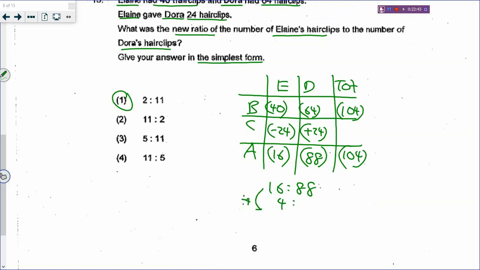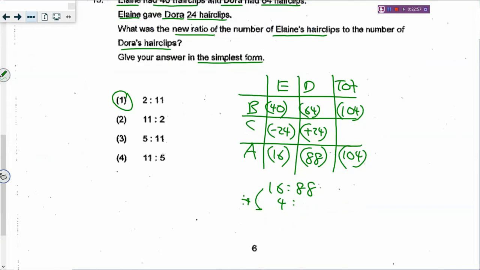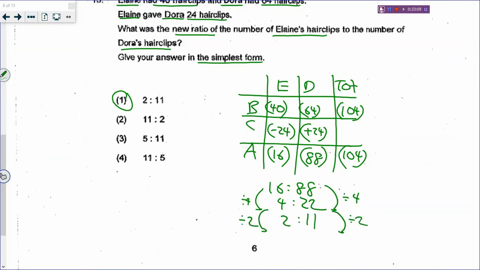And divide by 4, and you get 22. Then you divide by 2 again: 4 divided by 2 is 2, and 22 divided by 2 is 11. So 2 is to 11, which is the simplest form.